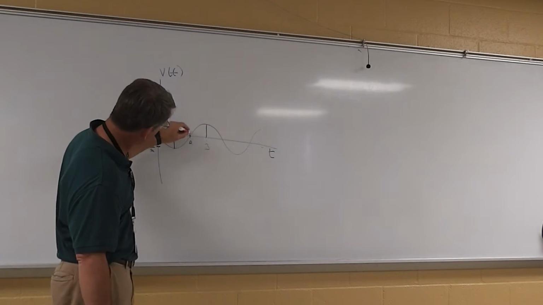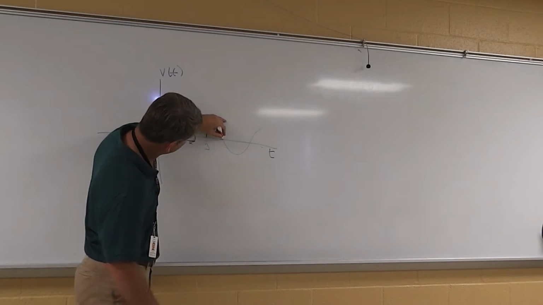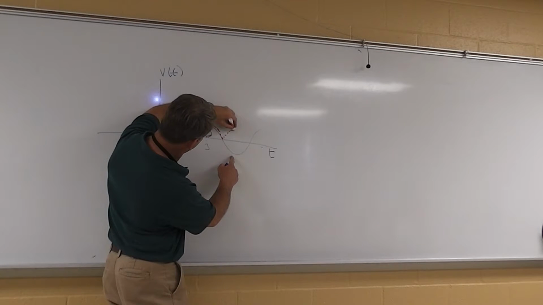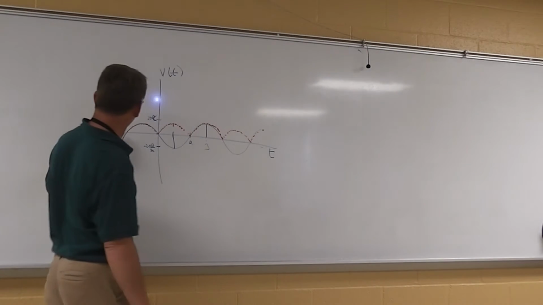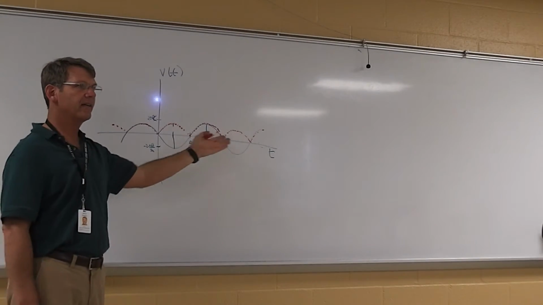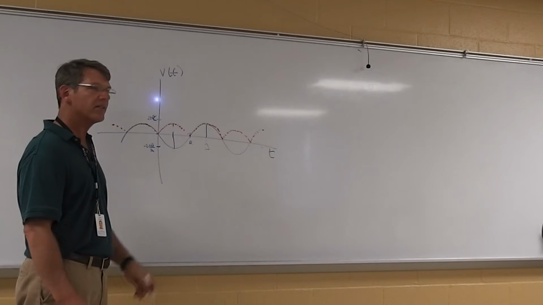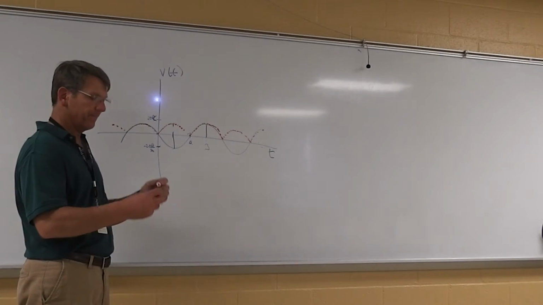And then it's going to stay positive because absolute value keeps positive as positive. And then absolute value is going to take all that negative and turn it positive yet again. So in red, I've got the speed curve. And at any time t, speed's always positive because it's the absolute value of velocity. Right?